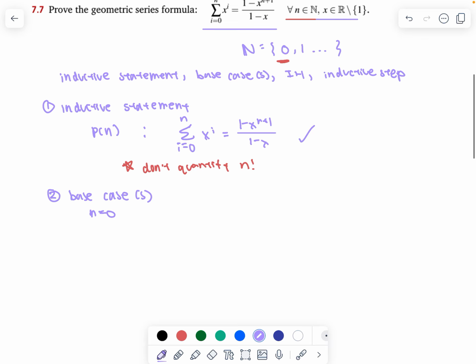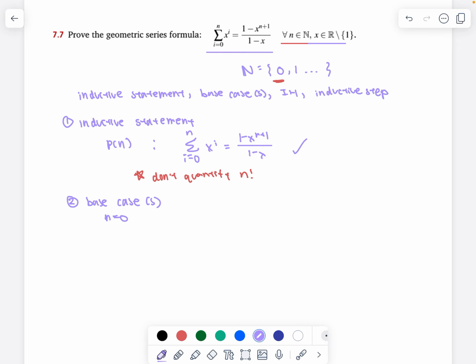So to prove that our base case is true, or that P of n is true for our base case, we just need to show that the left-hand side and the right-hand side of our geometric series formula equal each other when n equals 0. So we can do some simple algebra here. Our left-hand side becomes the summation of i equals 0 to 0 of x to the i, which simply simplifies to x to the 0.